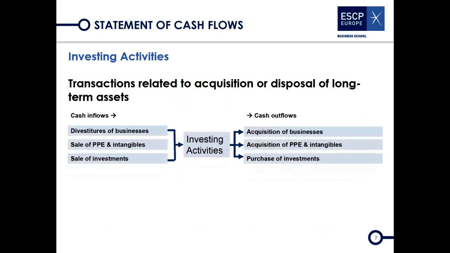In the investing activity section, cash inflows would be if I sell parts of my business, or if I sell my long-term assets like property, plant and equipment, my land, my intangible assets. I think we've not talked about intangible assets, but intangible assets are assets without a physical substance.